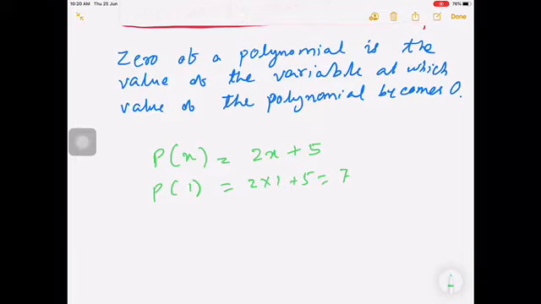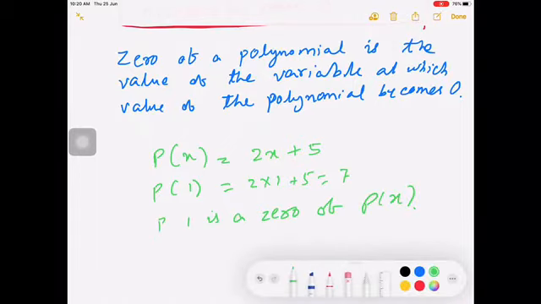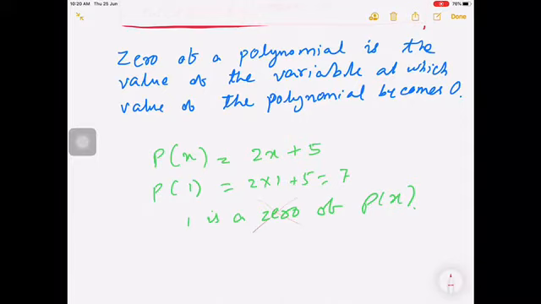So can we say that p(1) is a zero? Can we say that 1 is a zero of p(x)? No, we cannot say that 1 is a zero of p(x). That will be wrong. So 1 is not a zero of p(x).